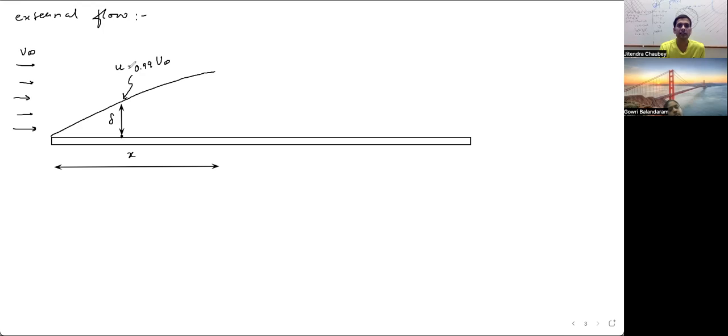At the surface, u would be 0. U increases, and at a particular height normal to the surface over which the fluid is flowing, the velocity would be 99% of the free stream velocity. That height is called the boundary layer thickness. The boundary layer thickness increases from the leading edge towards the flow.